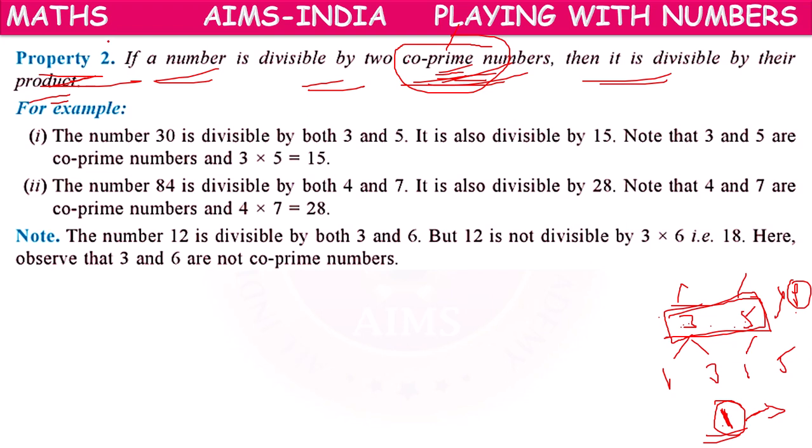So here, according to this property, what they are going to tell: if a number like 30 is divisible by co-primes, here 3 and 5 are co-primes. If a number 30 is divisible by 3 and 5, then it is also divisible by these co-prime numbers' product, 3 into 5, 15.